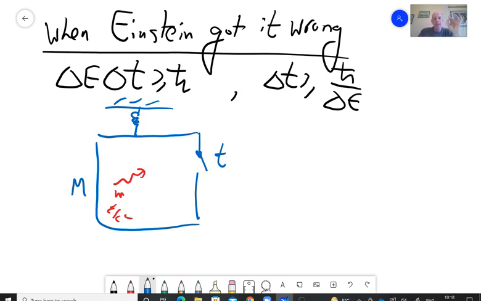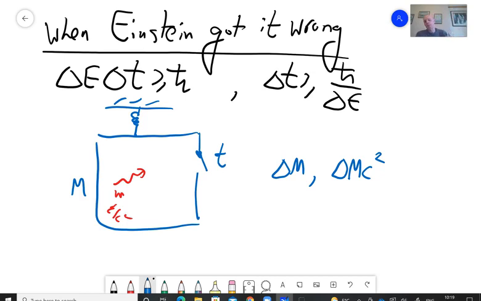So I know the energy of the system to some accuracy, or the mass of the system to some accuracy, delta m, and therefore the energy to an accuracy of delta m c squared. So even if the photon escaped, there is perhaps some uncertainty in the energy of the box plus the photon or not. But the key point is that that doesn't matter.